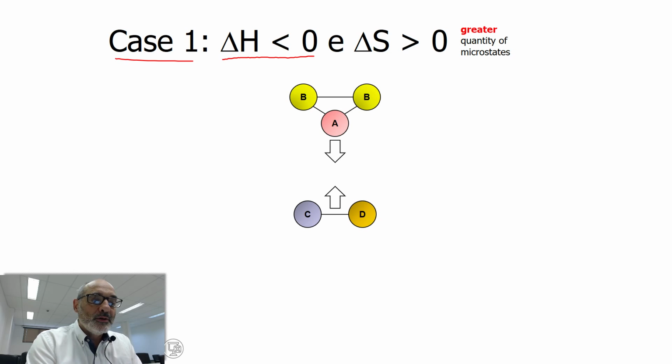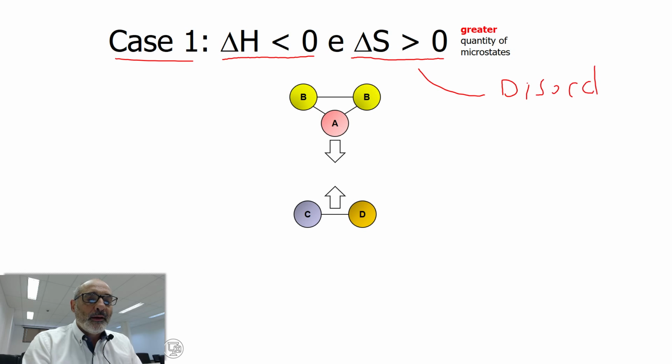And also the process's entropy increases, meaning that the level of disorder increases. And I think we have a pretty good idea that when the level of disorder increases, the process tends to be more spontaneous. So let's consider this case: two molecules bumping into each other.